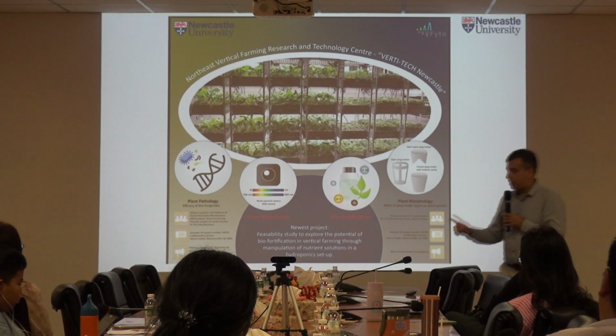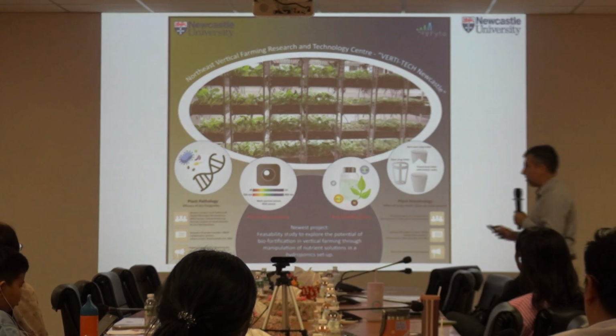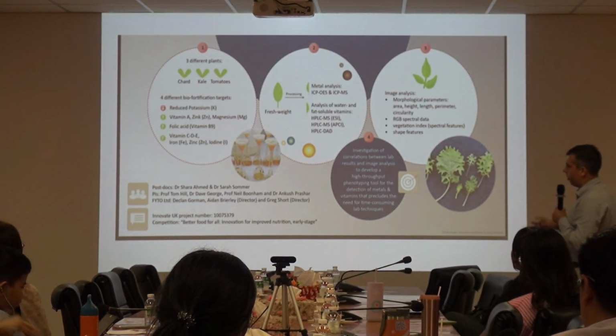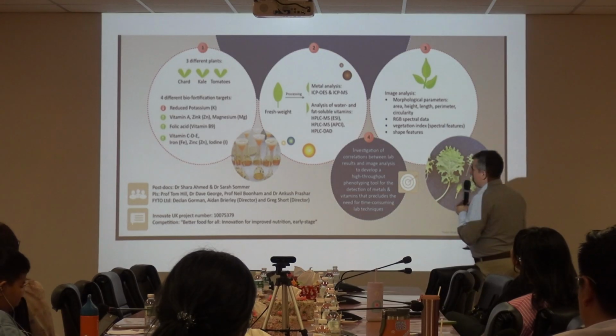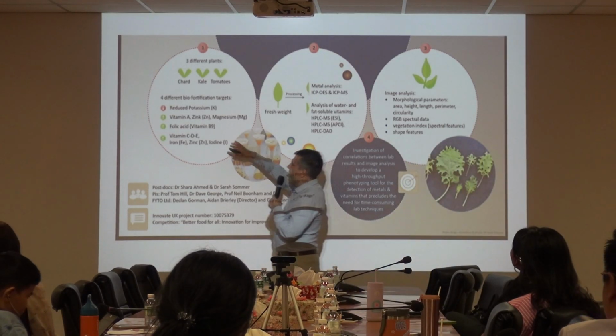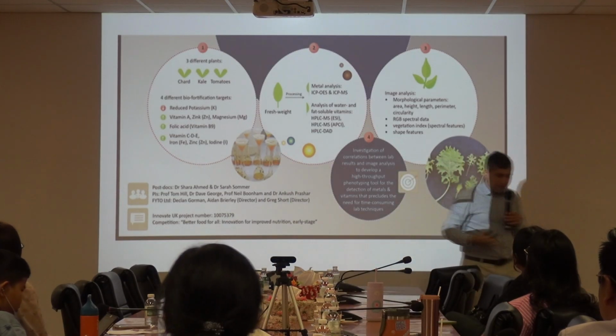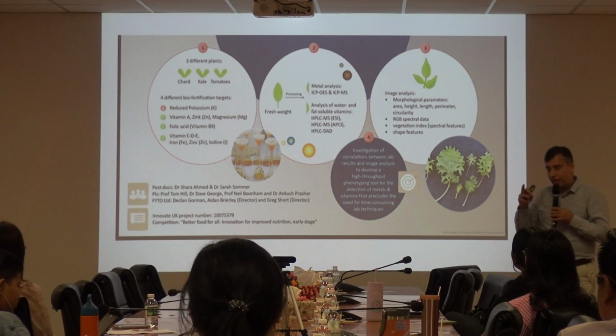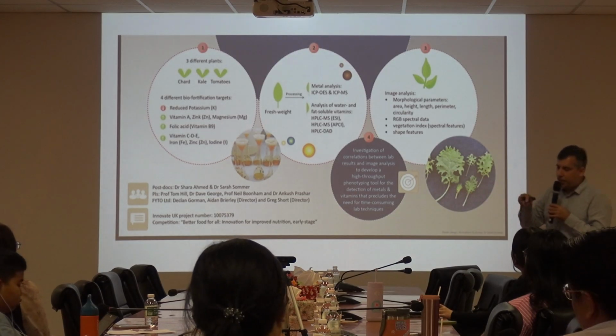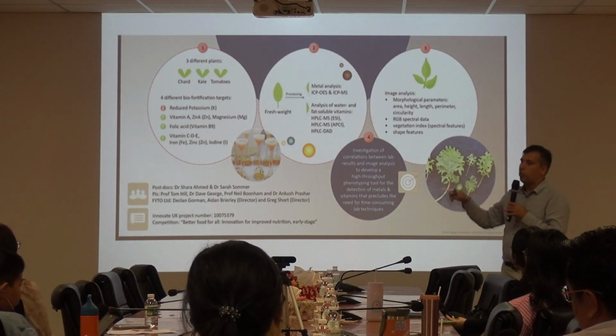I can't showcase everything in this one because it's a big project and a lot of people are working on it. One of the components we are very interested in is reduced potassium, because anybody who has a kidney problem needs reduced potassium, but at the same time needs all the other nutrients at the same level.